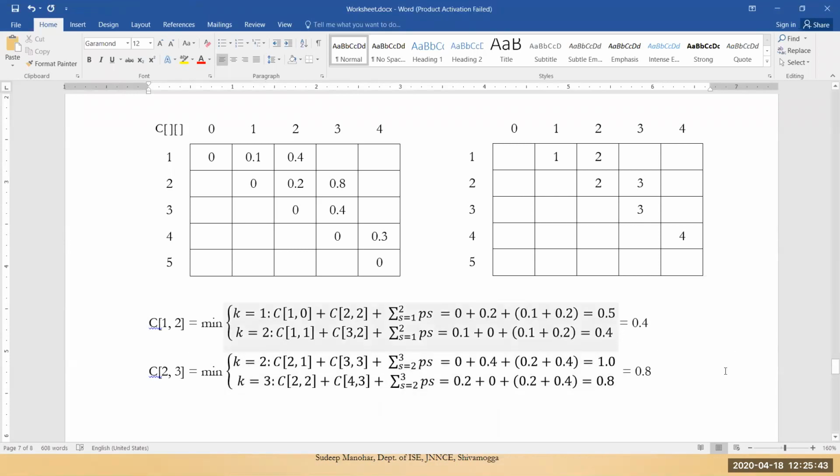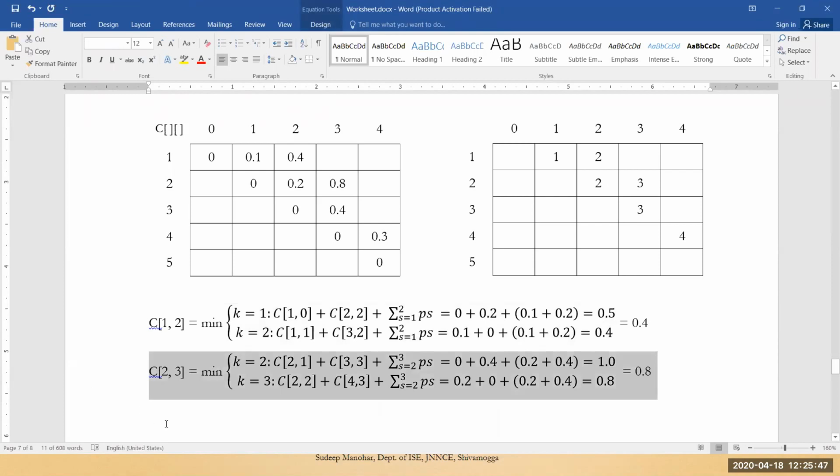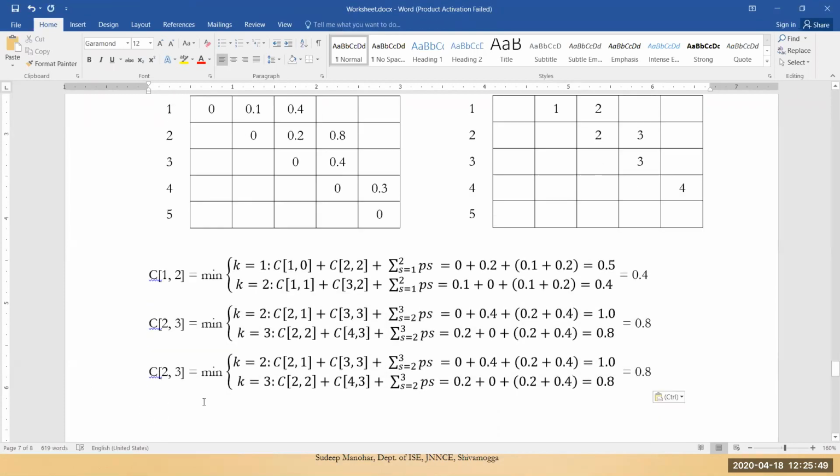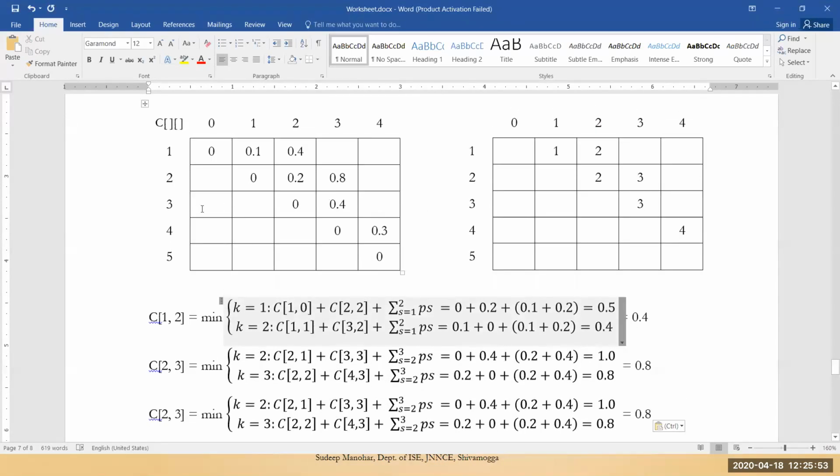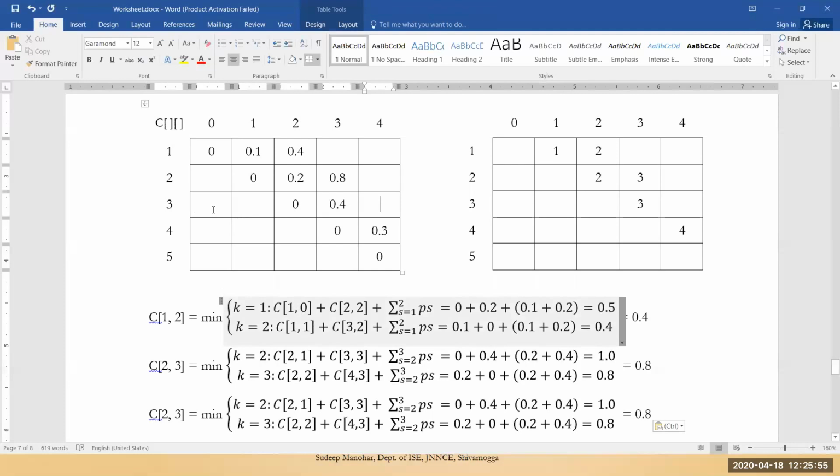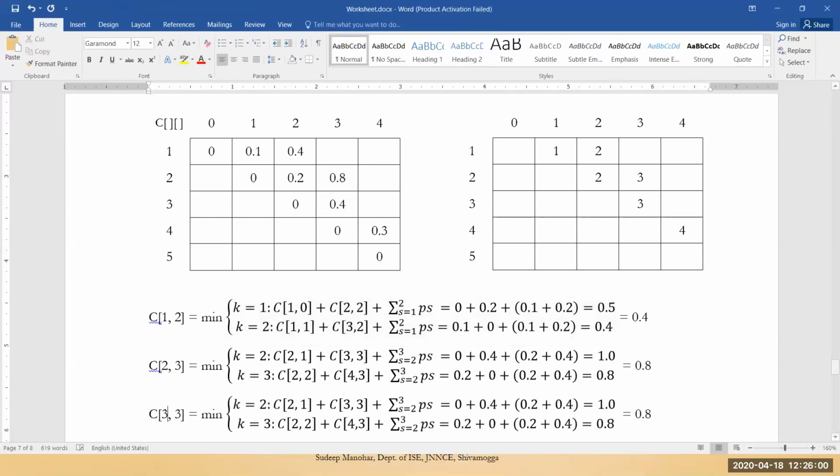Let us move further. I'll show one more. Which is the next one, this location. What is this location? C of 3 comma 4. So I is 3, J is 4. Now what is the value of k?